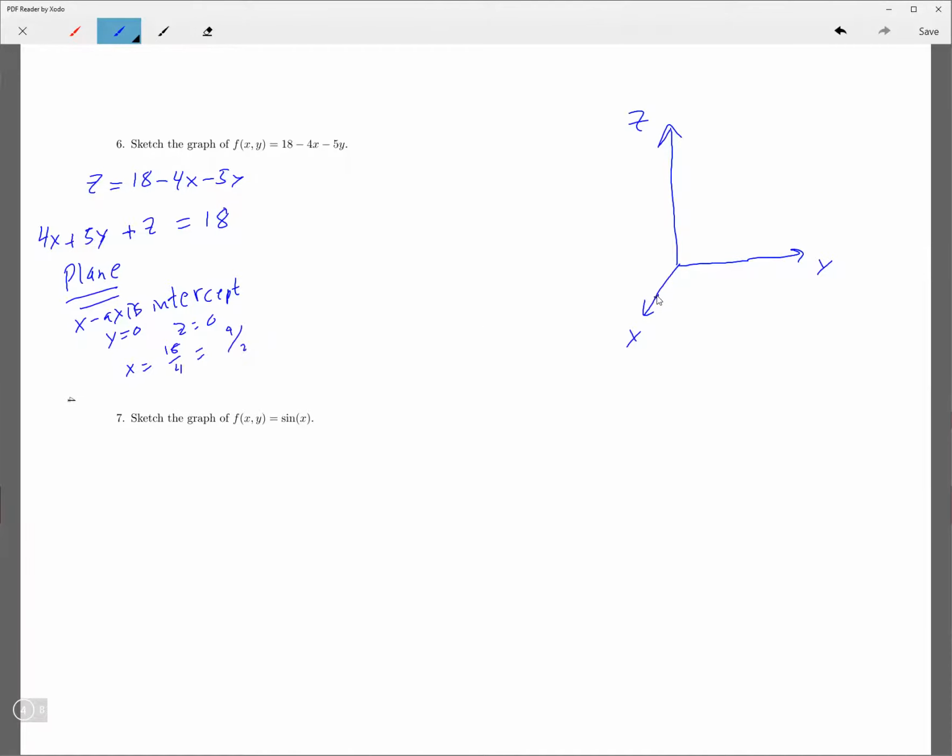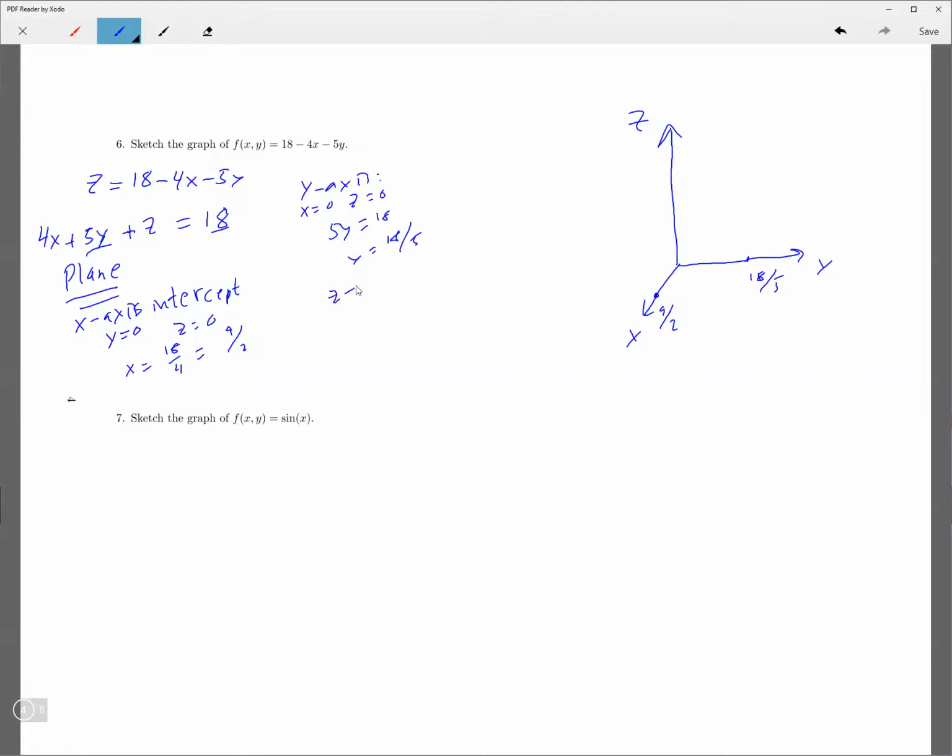So it's going to intersect here at 9 halves. And then the y-axis, you set x and z equal to 0, and it's going to be 5y equals 18. So y is 18 over 5.